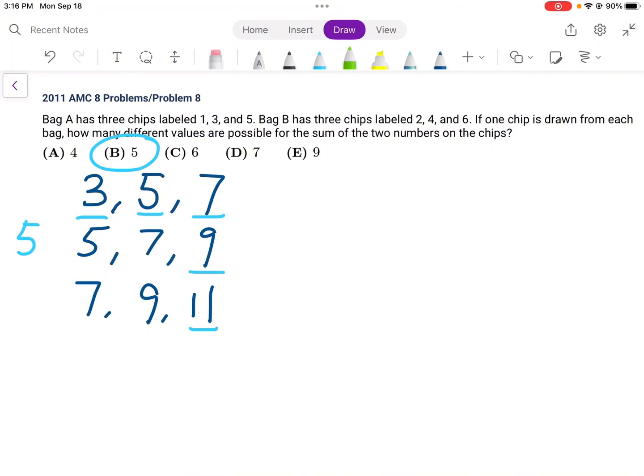Let's assume bag A and bag B both have n chips, and bag A has chips labeled as odd numbers 1, 3, 5 until 2n subtract 1. And bag B has chips labeled as even numbers 2, 4, 6, 8 until 2n.